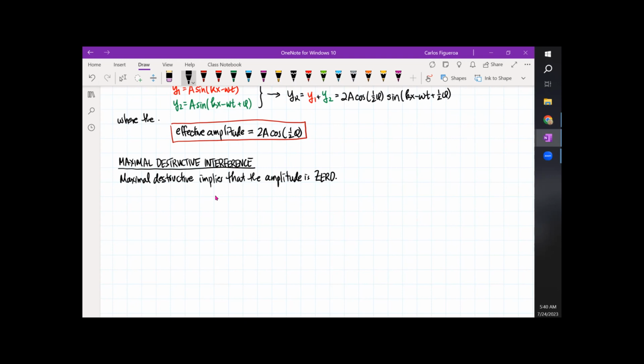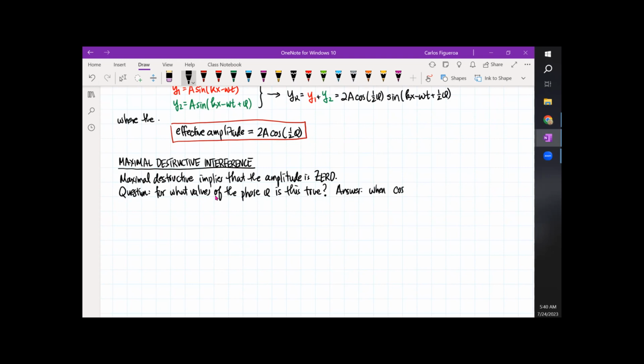So then we have to ask the question: for what values of the phase phi is this true? Well, it has to be where cosine of 1/2 phi is 0.